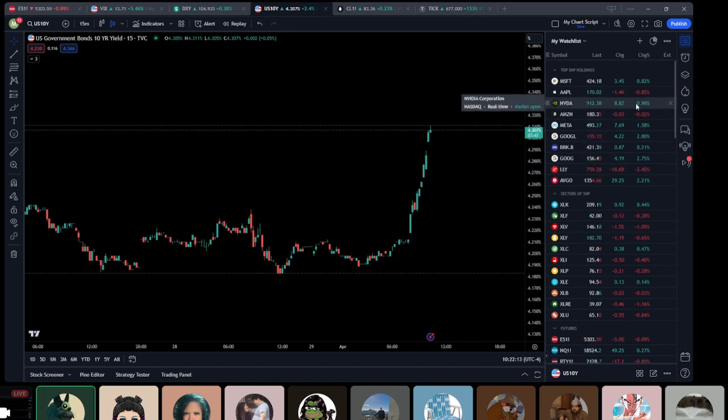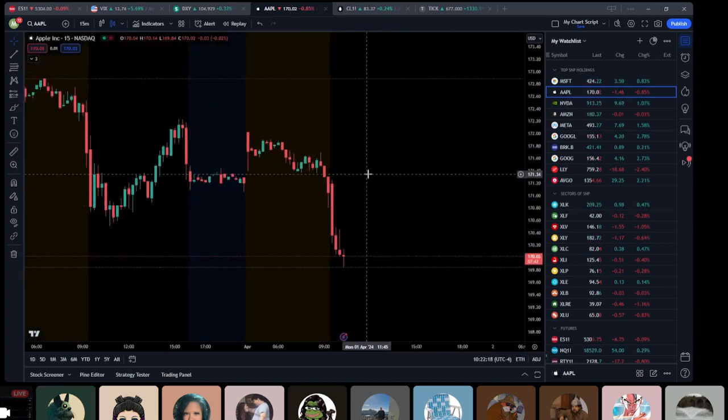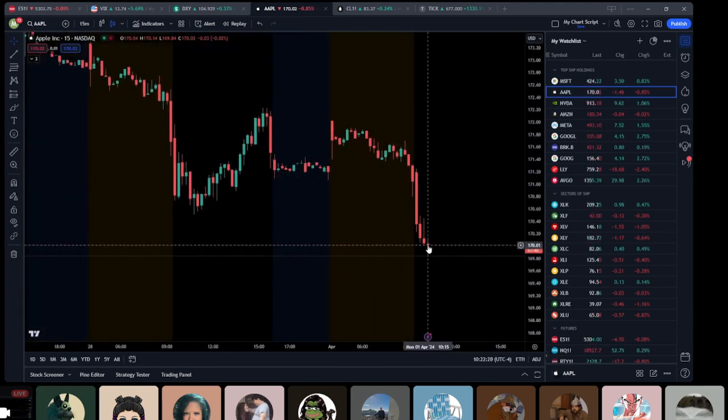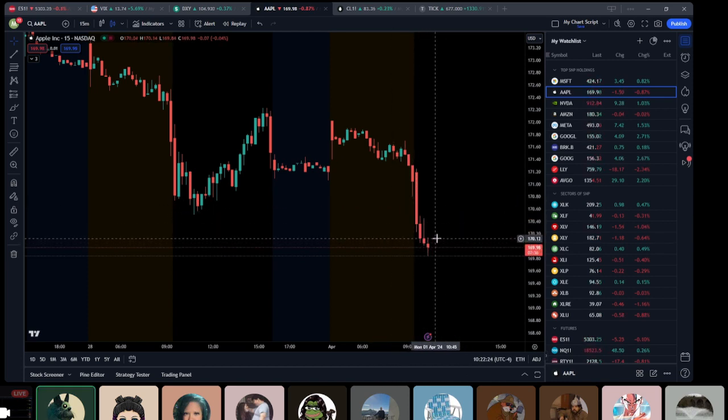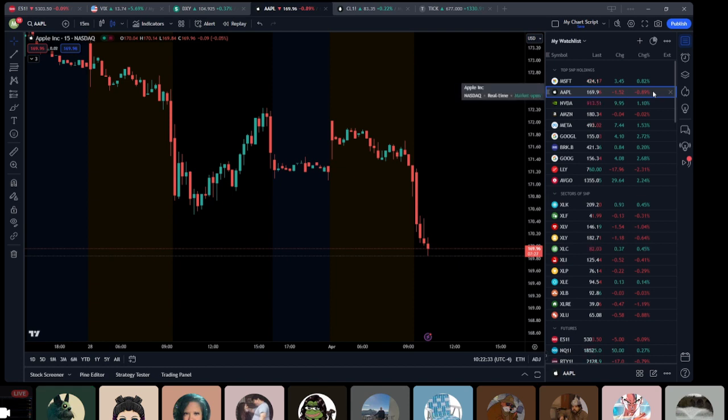So what I would be doing is checking Apple, looking to see when Apple bounces, when does it reverse, when does it find support and start going back up. Right, this is the only ticker in the top 10, or I'm sorry, of the Mag 7, the Magnificent 7, that is red today.